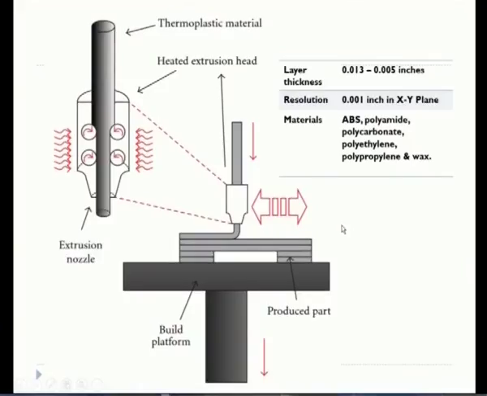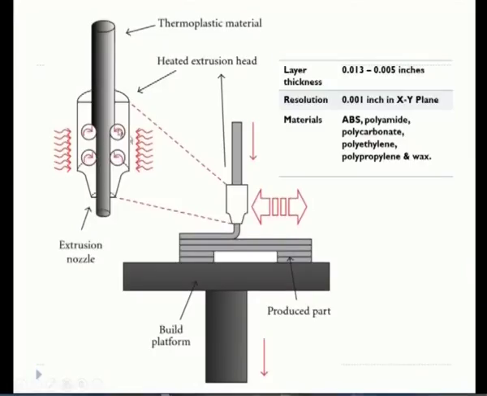So how is the system going to work? Basically the input is given from the main system through the STL format. It gives the input to the main heated extruder head, which I will generally call the extrusion system. This is the major area of concern for us. Whatever the extrusion based system may be, the extrusion system takes the major role.